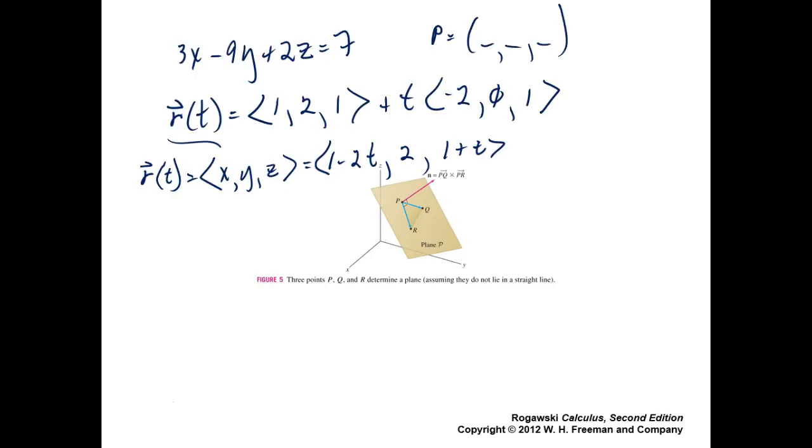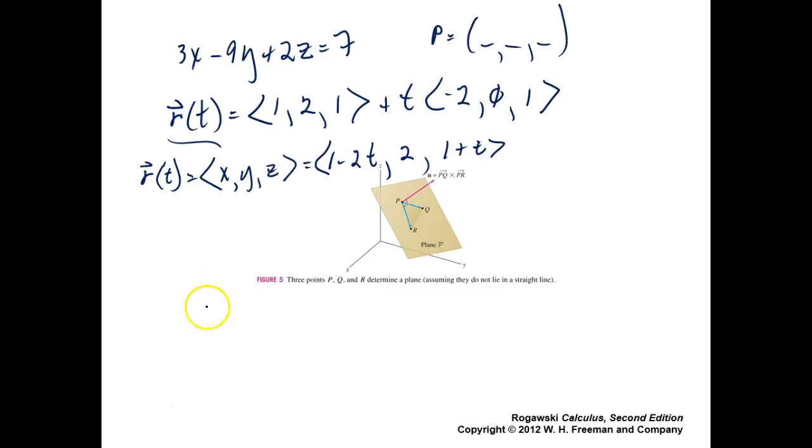So that's done. Now, that line must cross this plane. So those x, y, and z values must be the x, y, and z values of that plane, right?